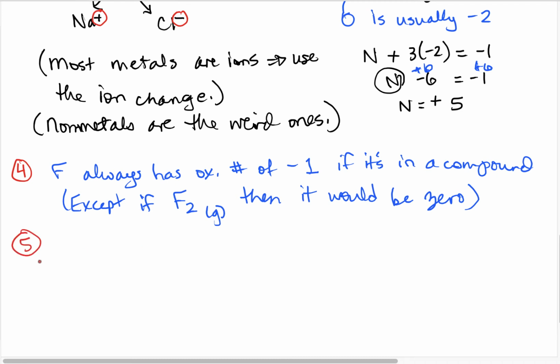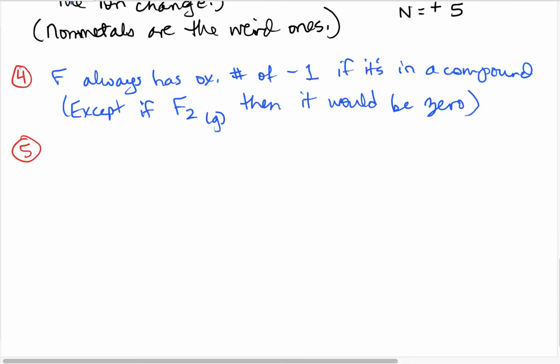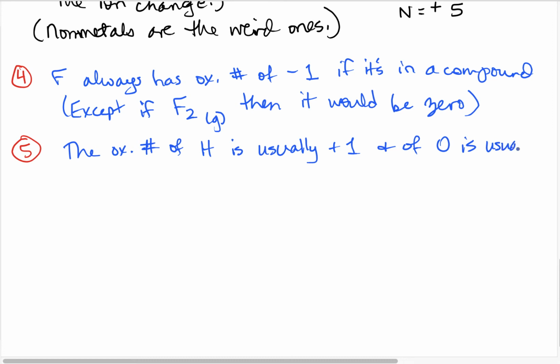All right, so here's the next one. The next rule has to deal with hydrogen and with oxygen. And the rule says that the oxidation number of hydrogen is usually +1, and of oxygen is usually -2.